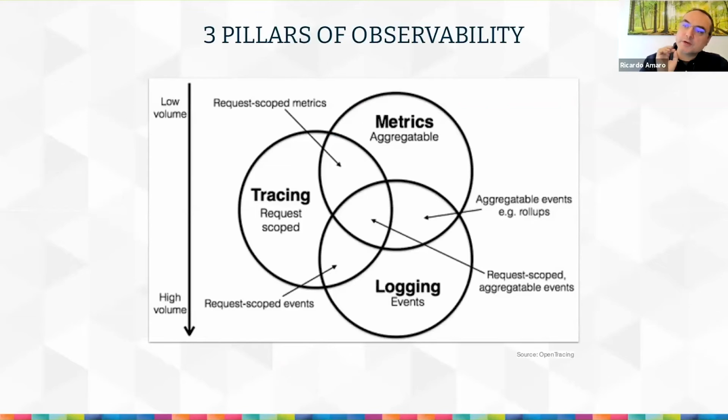A proper observability of a system is based at least on these three pillars. So you have structured logs. In Drupal, we have a battle-tested library to do logging. It's called Monolog. I don't know if you know this, but it's actually very good.